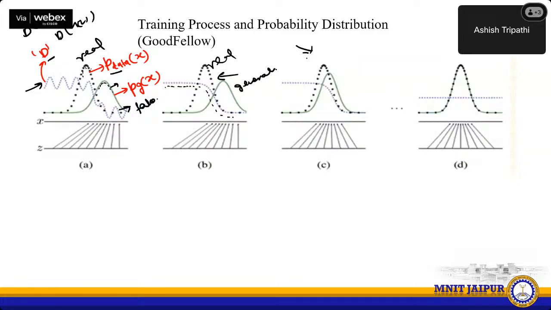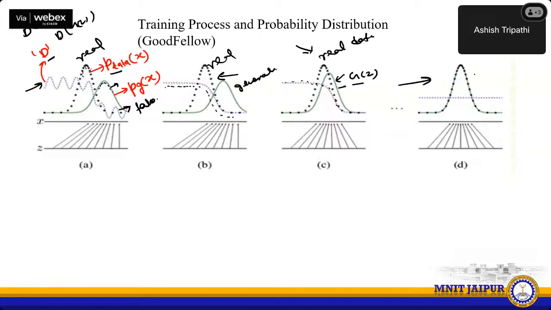Now after some more epochs, what will happen? P_G(z), that means the data distribution which has been generated by the generator network, is a little more closer to the real data samples. Got it? So now it is a little bit more difficult for the discriminator to differentiate between the fake and real data. Now coming to the last point, this is the well-trained generator model.